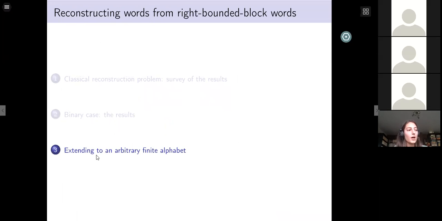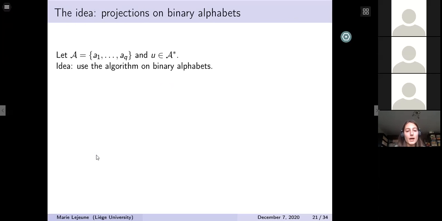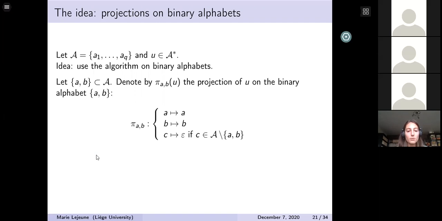Okay, but now how can I do that for arbitrary finite alphabets? As the result was pretty easy for binary alphabets, the idea is to reuse it. So we are going to take the projection of the unknown word U on binary subalphabets. We denote by pi AB the projection of any word over the subalphabet AB.